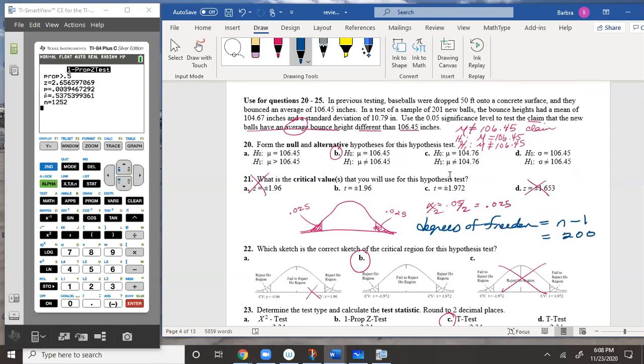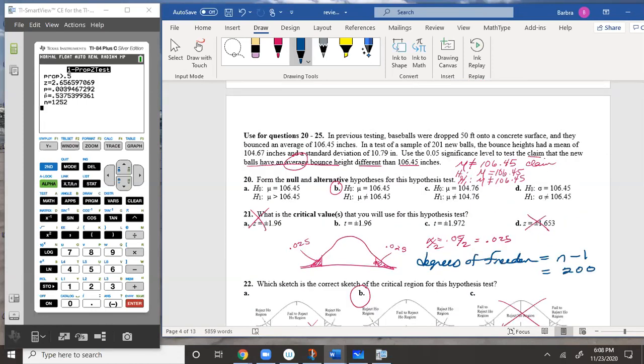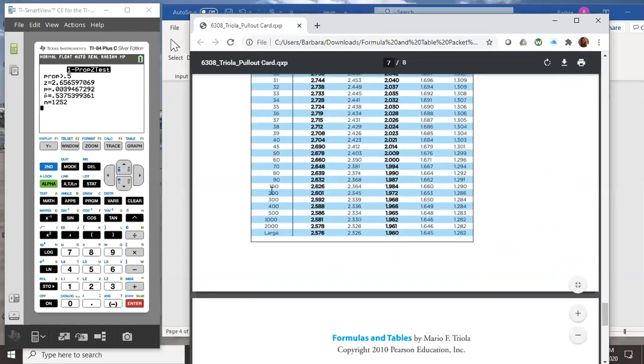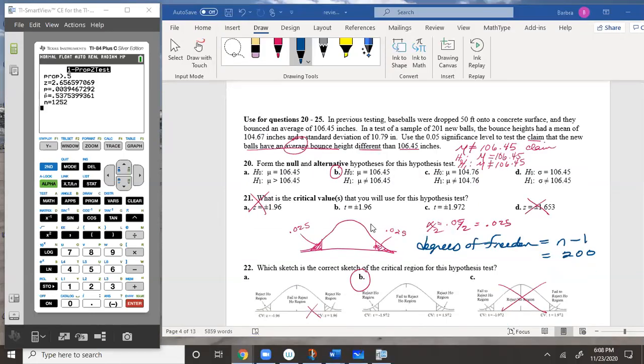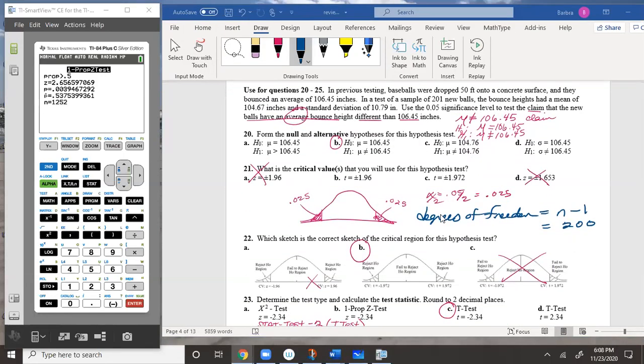Let me make sure I got my n correct. Oh, it's 200, that's why. I'm sorry, n was 200, that's why I went to the wrong number. I did look up the wrong degree of freedom. So the t is 1.972, so the correct answer is C.